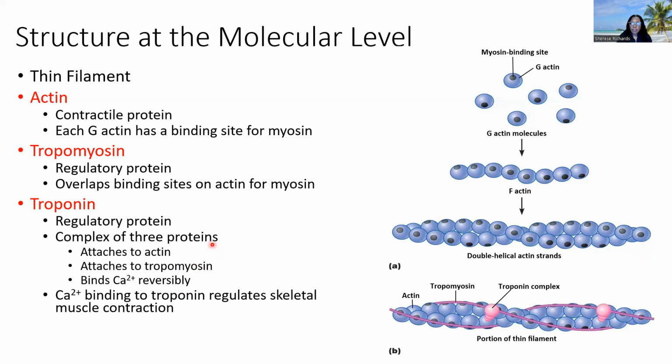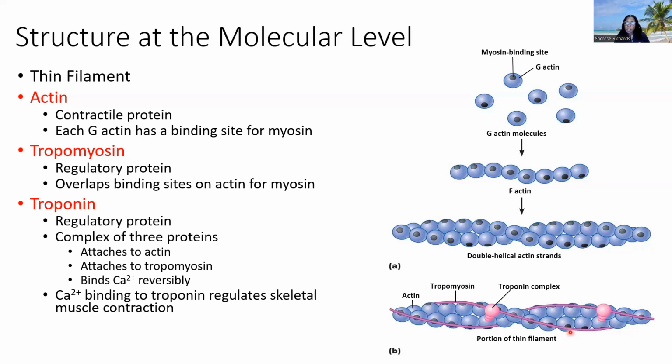So really important to think about the role of tropomyosin as basically covering up the binding sites on the actin monomer, right? Whereas troponin is going to allow for the binding of calcium. It's going to allow for the binding to the actin unit at the bottom here. And then the third site will allow for the binding of the tropomyosin, the thread-like protein.